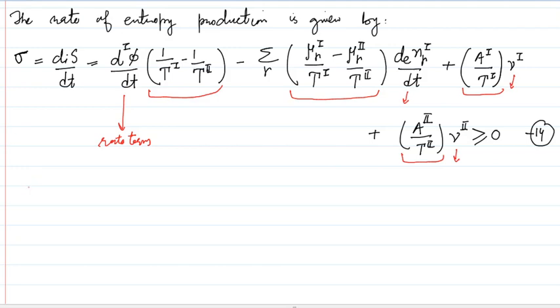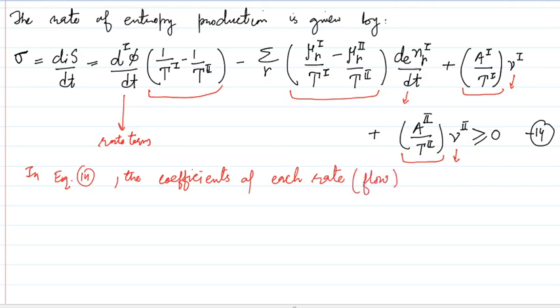So in equation 14, the coefficients of each rate, that means the flow term enclosed in these brackets, or you can say parenthesis, is simply the force term.